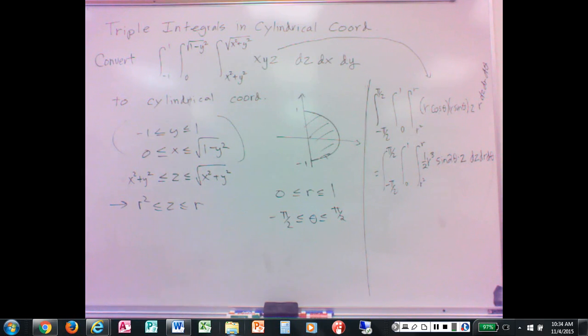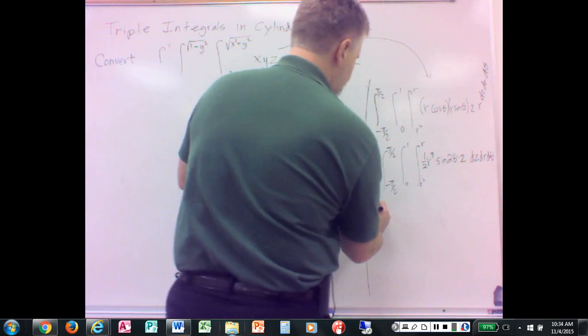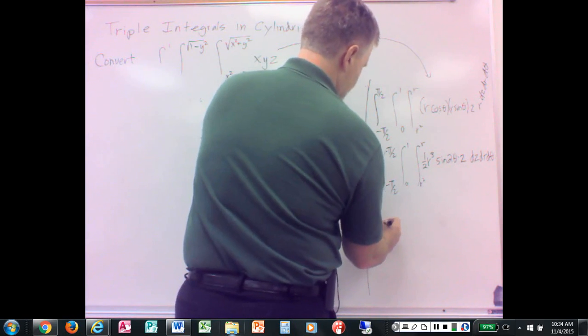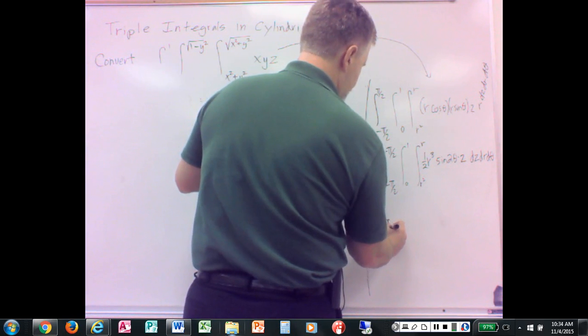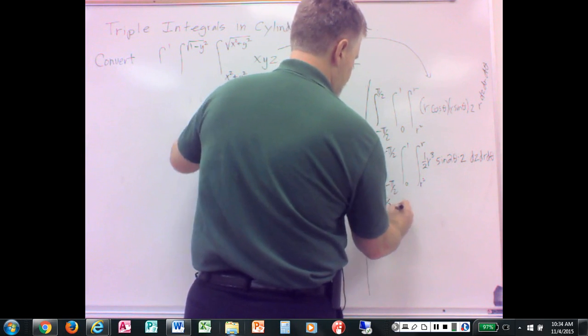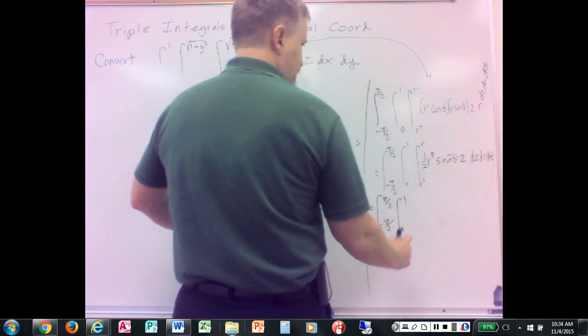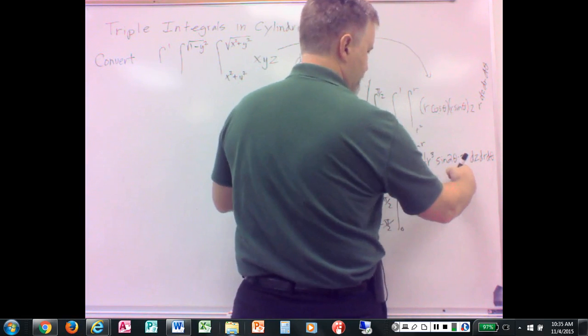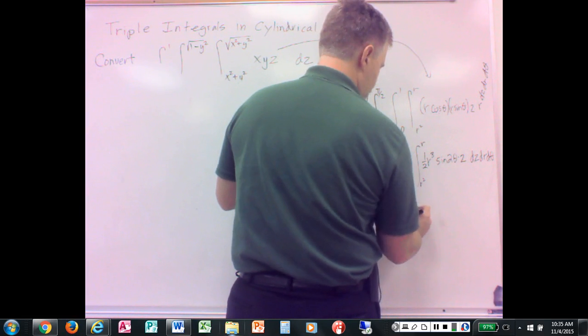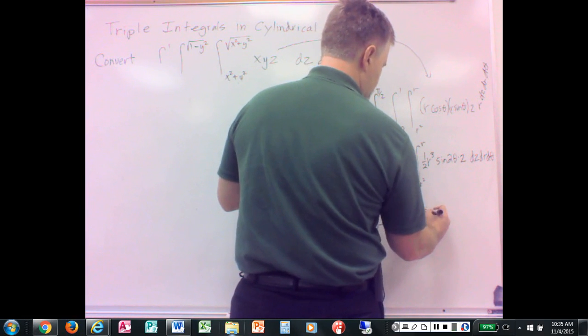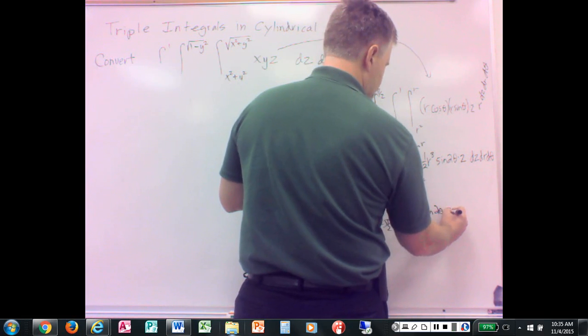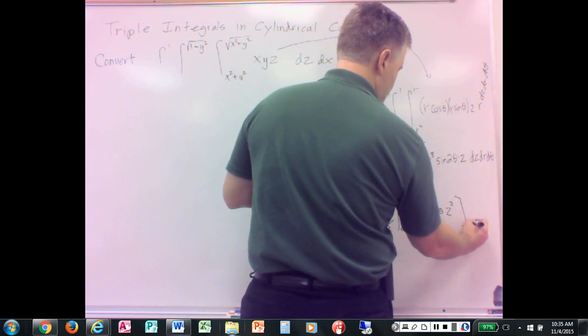And I haven't evaluated this out, so shall we try it? Because I just said convert it, but I think they do make it. Doesn't look too bad, does it? All right, so we've got negative pi over 2 to pi over 2, 0 to 1. First one we do is z, so it'd be a half z squared, so it'd be a fourth r cubed sine 2 theta z squared. Then we're going r squared to r.